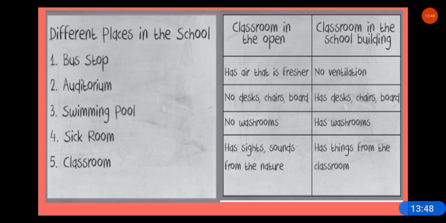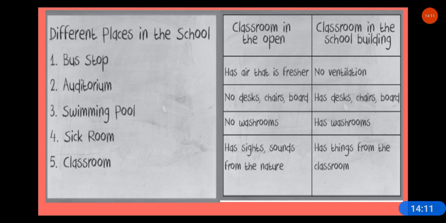There is a sick room in the school where you go to take medicine or rest when you feel sick. Every school has classrooms, where you study, where your teacher teaches, and where you learn different kinds of subjects.